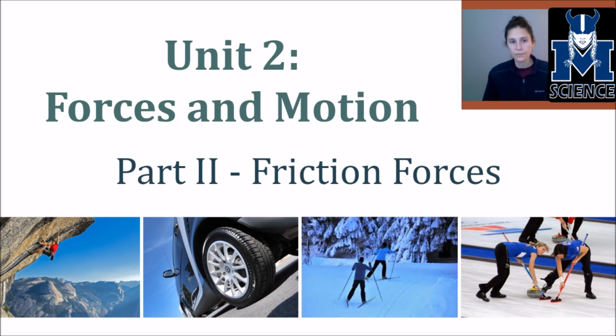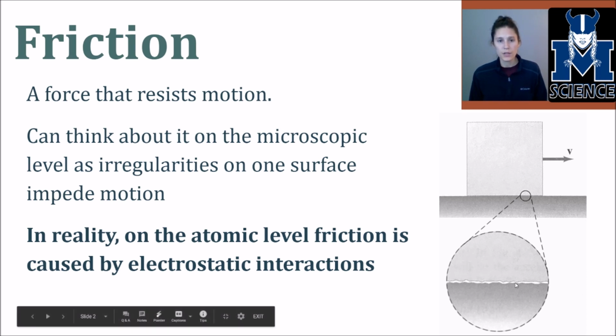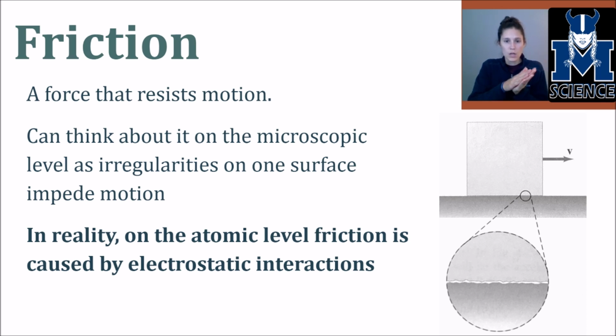Looking a bit more generally at what friction is, it's basically just a force that resists motion. At the microscopic level, we can think about it like irregularities on the surfaces that grab and catch against each other to resist motion.